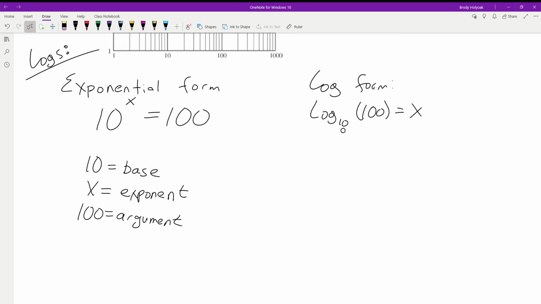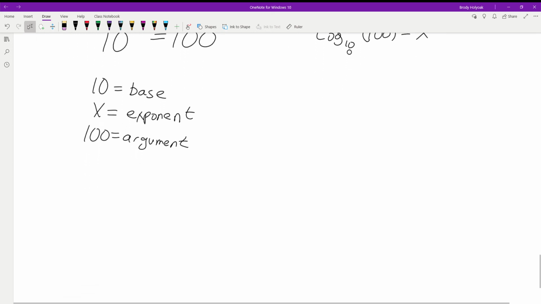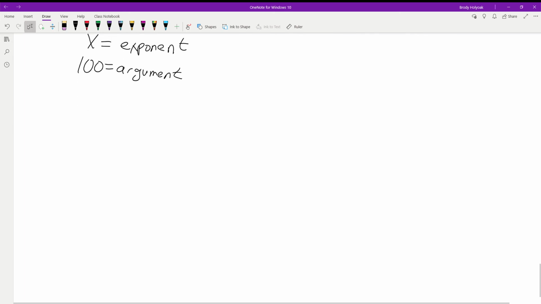So for example, if we had a problem that said 6 to the x power is going to give us 2.5, how would we solve for that? The first thing we need to do is convert this into a form where we can adjust this x.